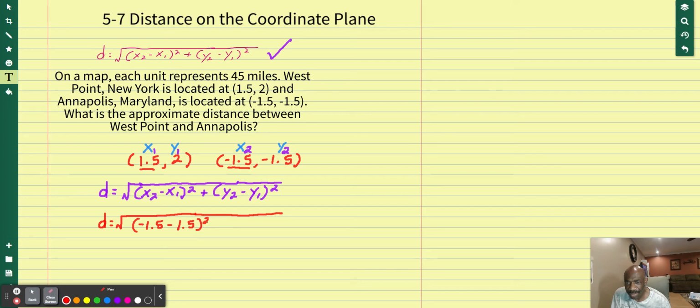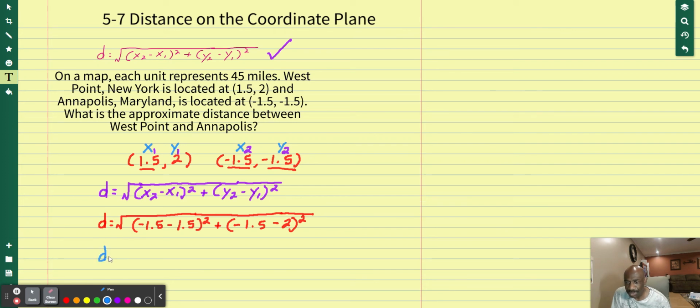We're going to square that, plus y2, which is here, negative 1.5 minus y1, which is 2. Square that.